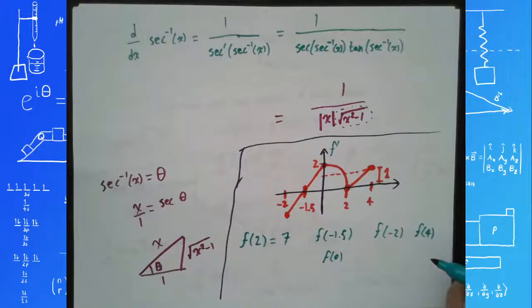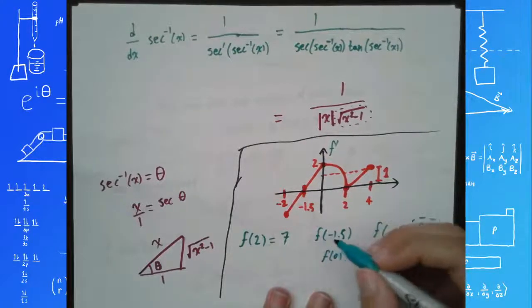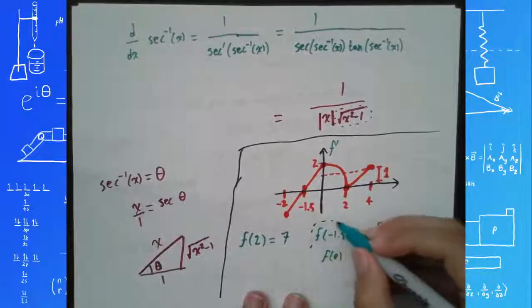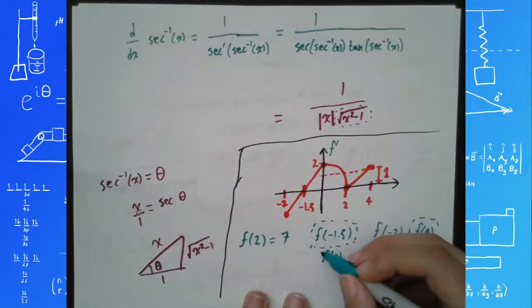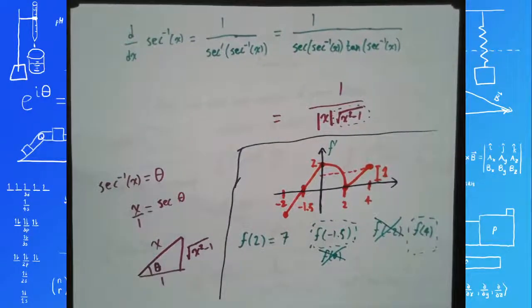I'm not going to do all of these, but I'll do f of 4 and f of negative 1.5. You can do the others for additional practice if you want. For f of 4, what I really want to do is take advantage of f of 2.